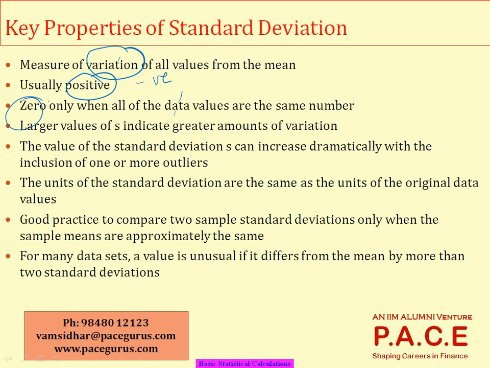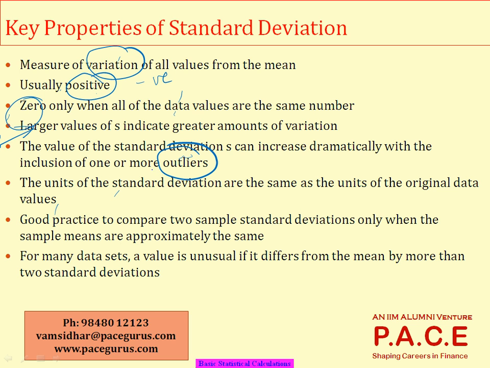Even if one of the values is slightly different, standard deviation will exist and it will be a positive number. The higher the standard deviation is, the larger the variation or dispersion in the data. It's also more and more affected by outliers.